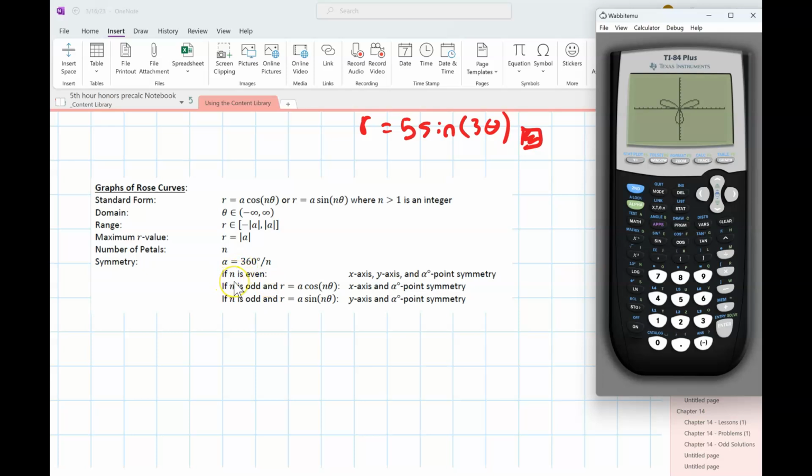So if n is even, then we have all three types of symmetry. Notice that this one has y-axis symmetry, but it doesn't have x-axis symmetry. If we had changed this to, say, 5 sine 4 theta, here we have both x and y symmetries. Everybody's okay with that?